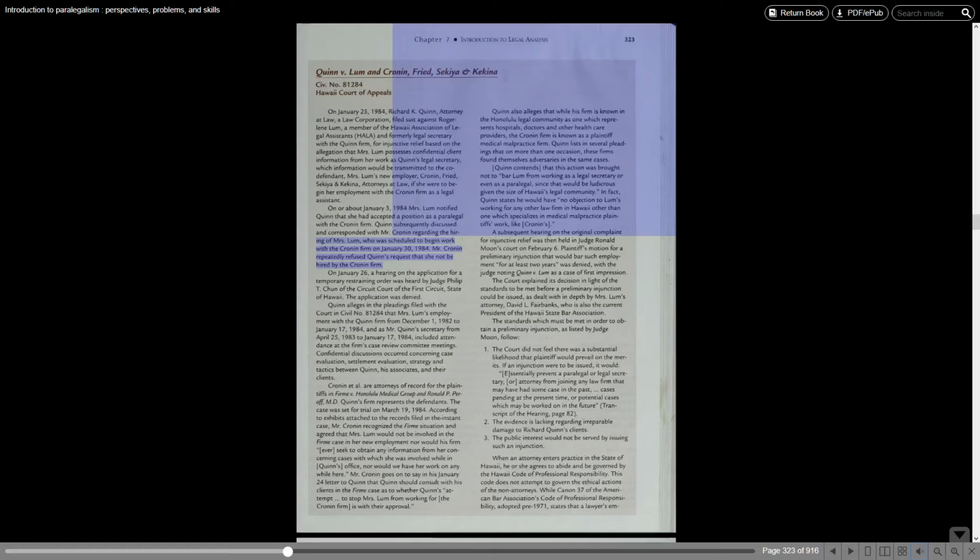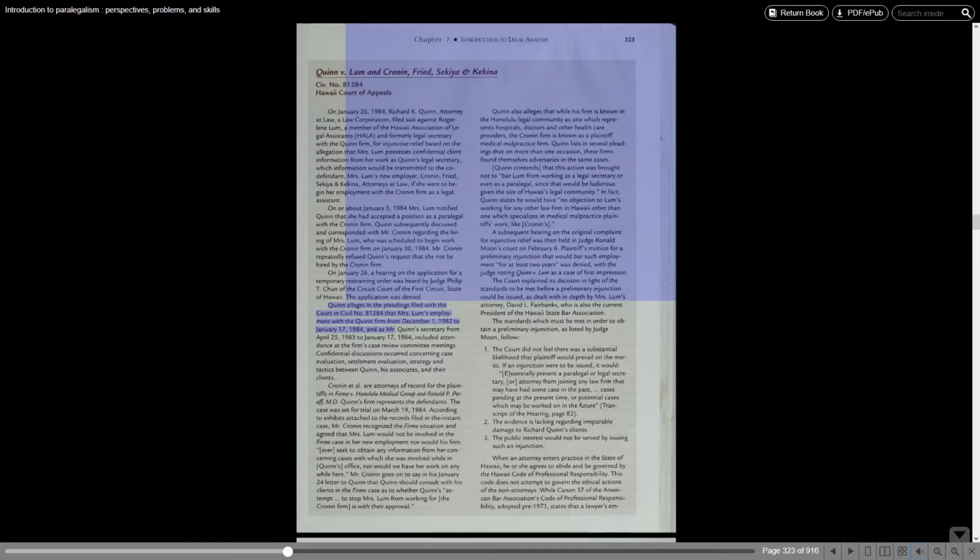Mr. Cronin repeatedly refused Quinn's request that she not be hired by the Cronin firm. On January 26, a hearing on the application for a temporary restraining order was heard by Judge Philip T. Chun, of the Circuit Court of the First Circuit, State of Hawaii. The application was denied.